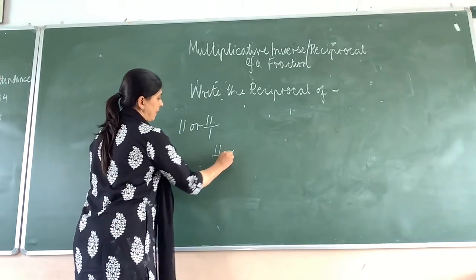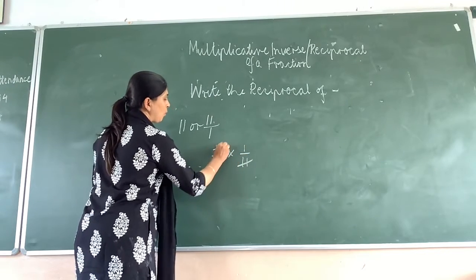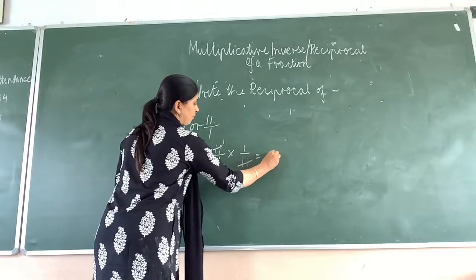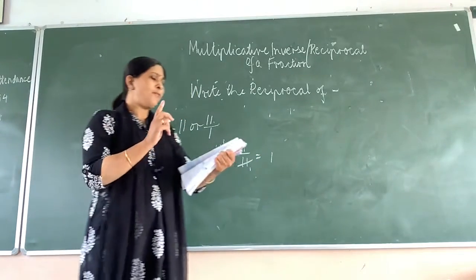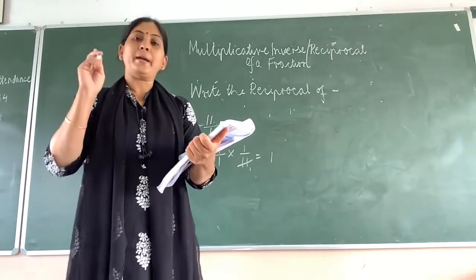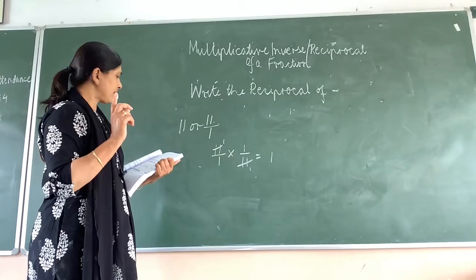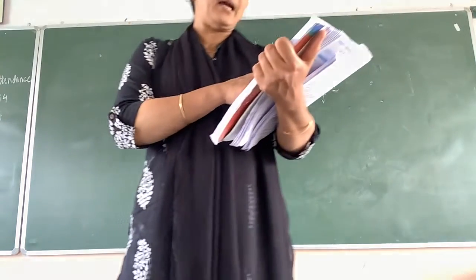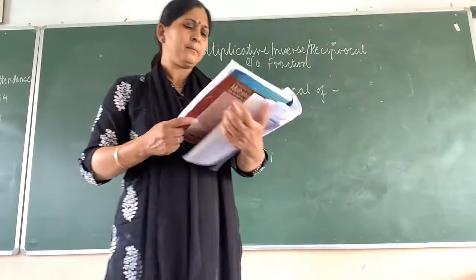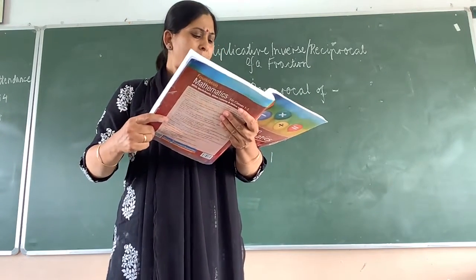When we multiply 11 over 1 with 1 over 11, then only their product will be 1. So children, if a number is greater than 1, then its reciprocal is less than 1.